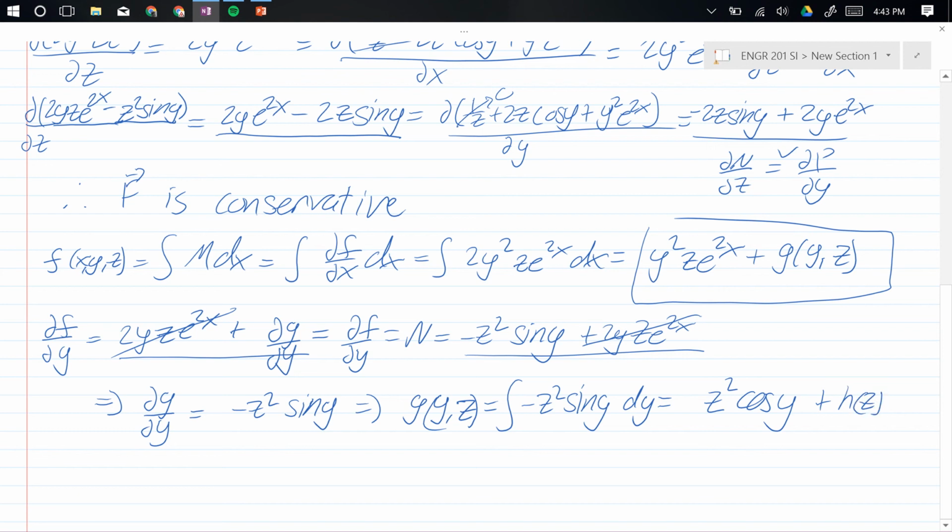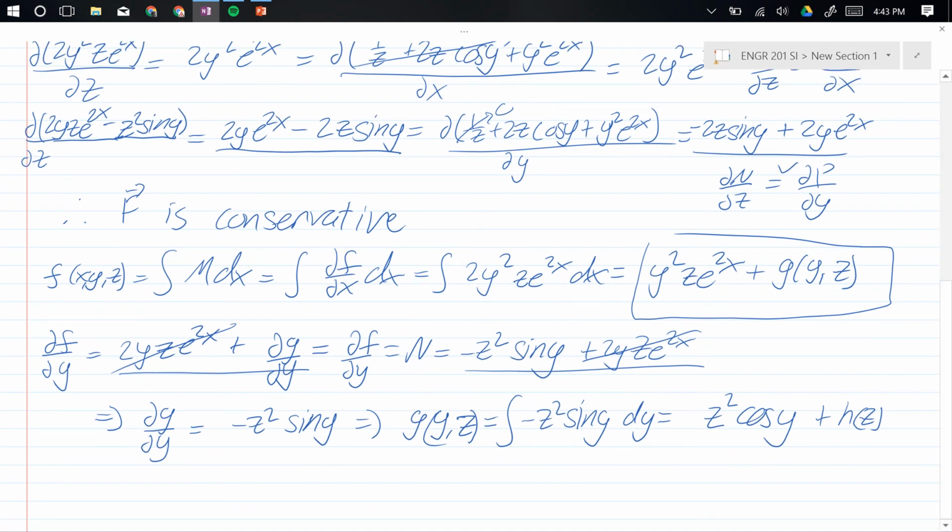So the reason this is some function of z is because that's the only thing we haven't taken the partial of yet. Because we know this is some function of y and z, and when we take the integral with respect to y, we're going to bring back some constant value that may just be a constant or have the variable z in it. So that's why we have to label this as a function of z. So then we have this, and this is equal to g of y, z. So this can go into that.